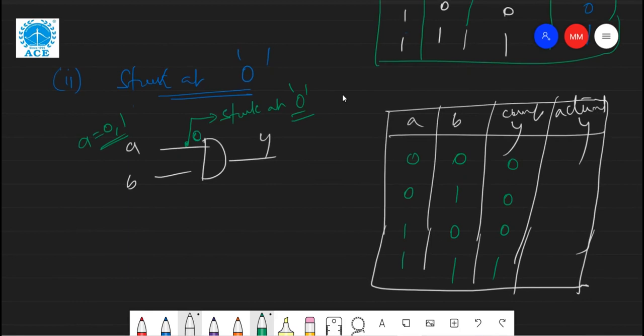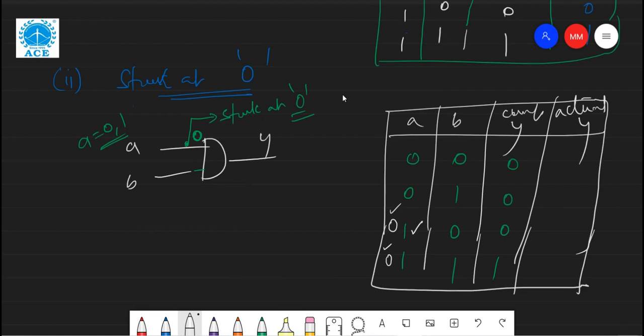This is all the way 0, right? So see, in this case, A is all the time 0 only. Even though we have given 1, it won't take 1 because it's stuck at 0. So it considers 0 only.